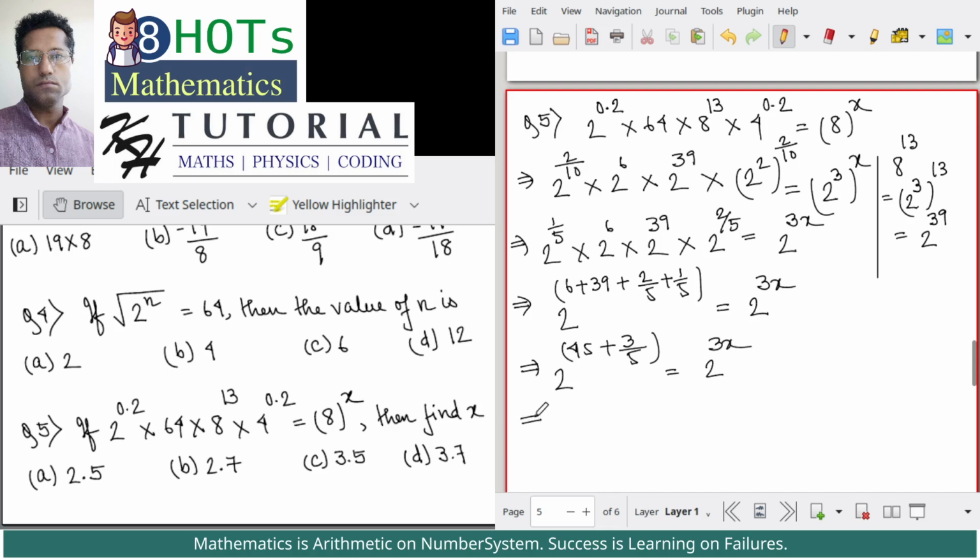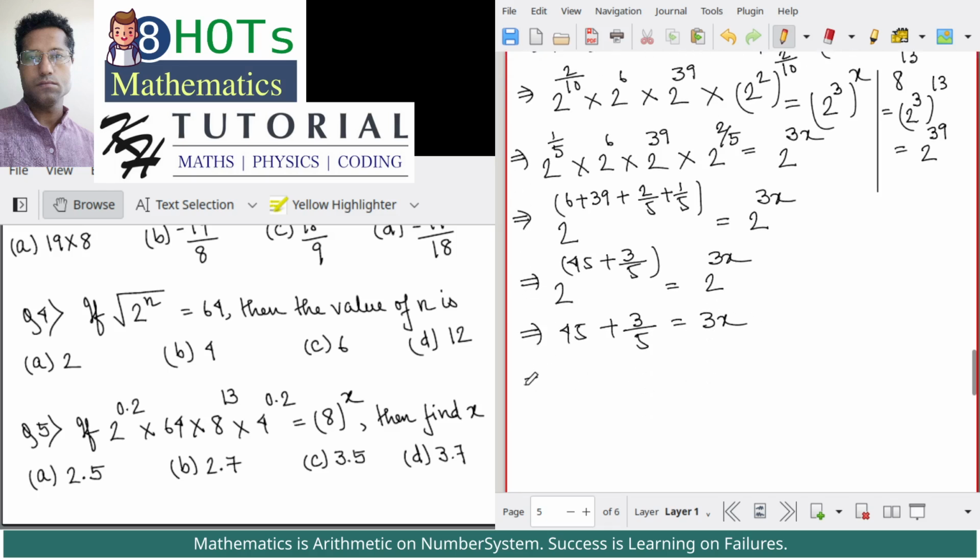So now we can equate the powers, and we will have 45 plus 3 by 5 is equal to 3x. This implies, if we simplify 45 plus 3 by 5, it is 225 plus 3 divided by 5 is equal to 3x.